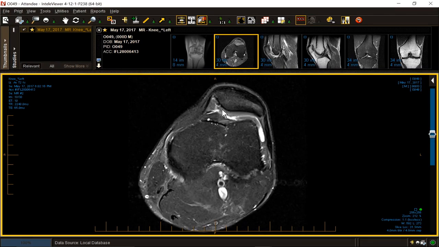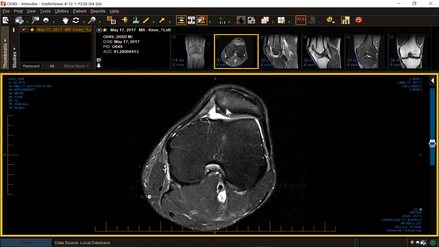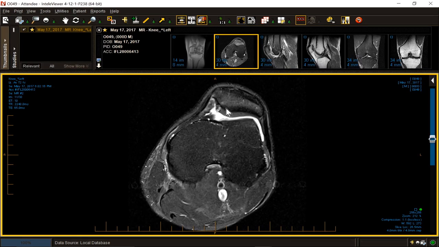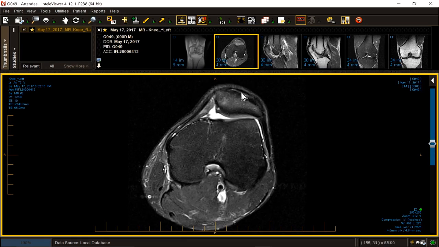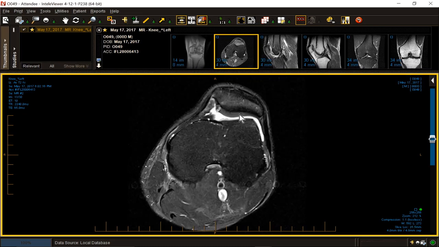Actually, it's posterior, not medial. His effusion is small, but abnormal. I allow 1 by 1 centimeter. He's a young guy. He's in his 20s. He's got a little more fluid than he should have.